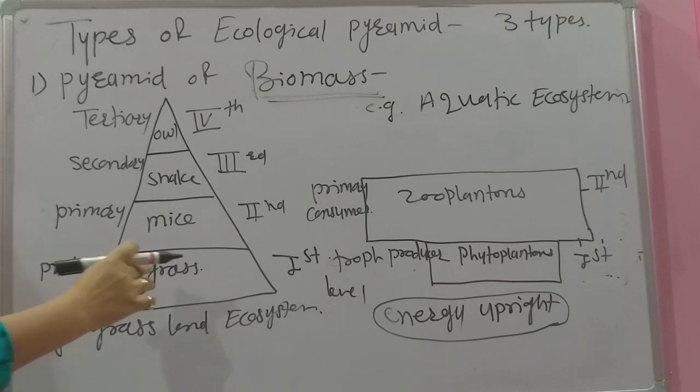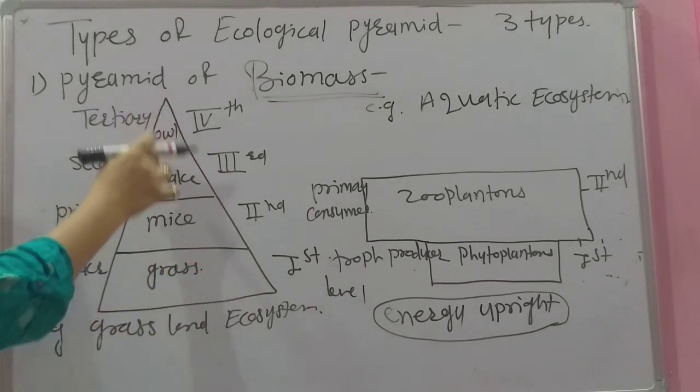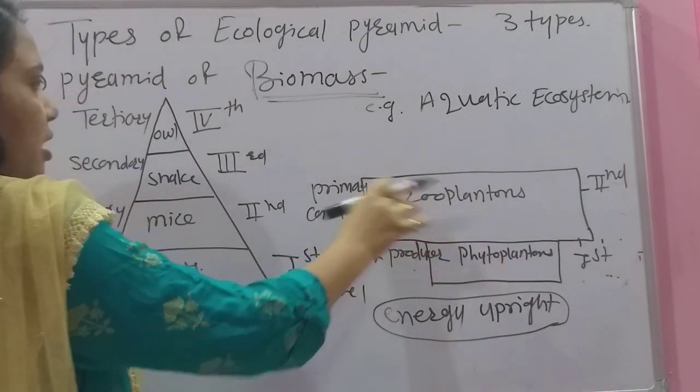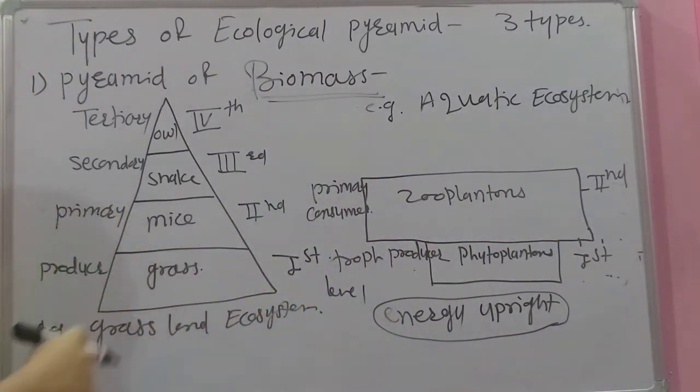In the first, the biomass decreases, and in the second type of pyramid the biomass increases. But the energy of both pyramids is always upright.